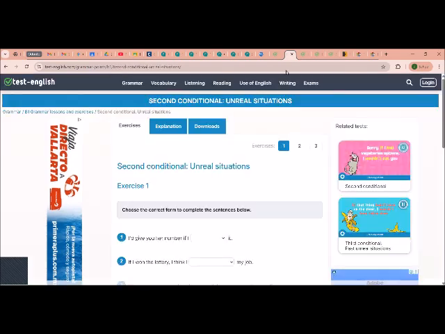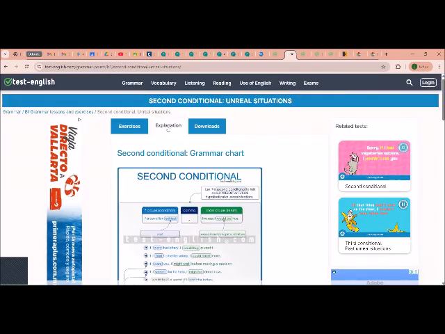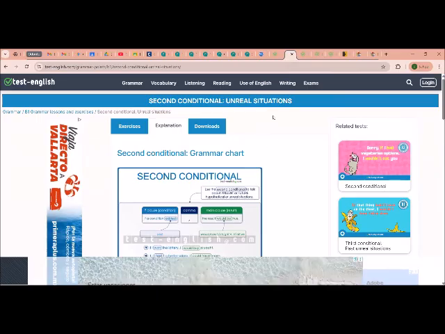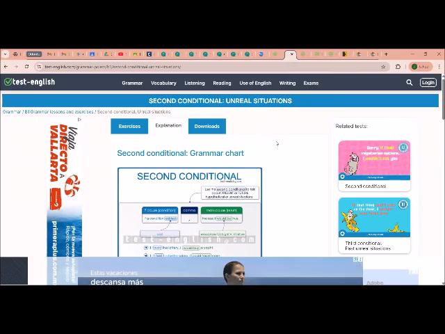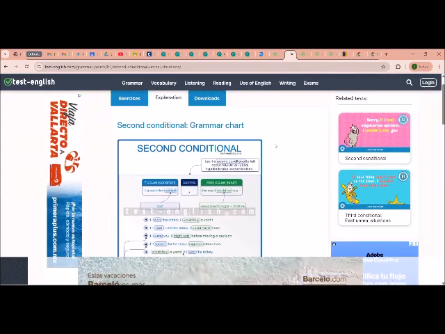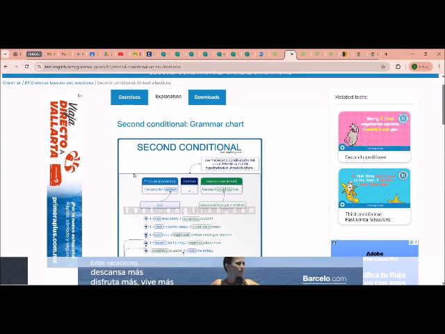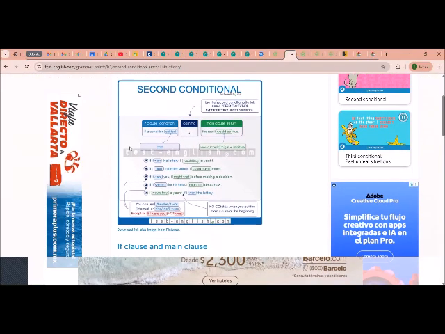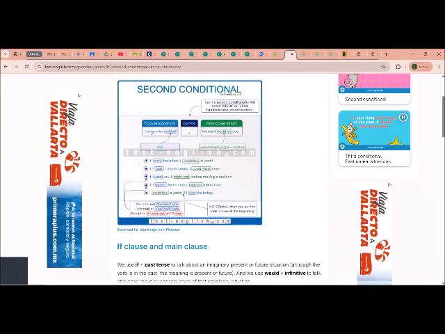Now, for the second conditional, we go a little bit deeper. It is still something of a future possibility, but it's now an unlikely future. Why? Because the conditions are generally not met. The condition is usually a wish or a dream.